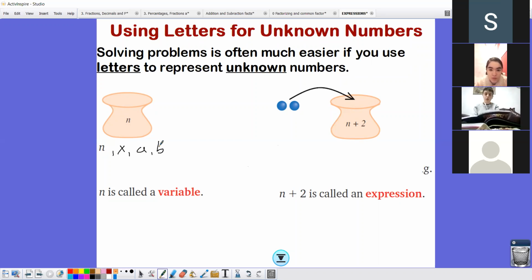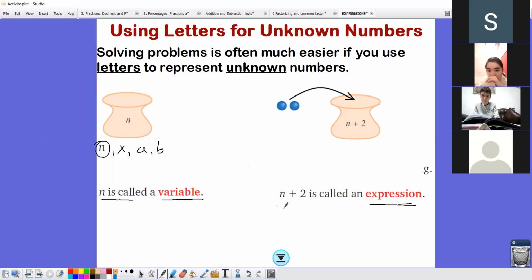And if we are putting two balls on it, it becomes N plus 2, yes? Because we don't know how many balls there are. We said that there are N balls, and if I am putting two more balls, it becomes N plus 2. So here, the N is called a variable, okay? And N plus 2 is called an expression.